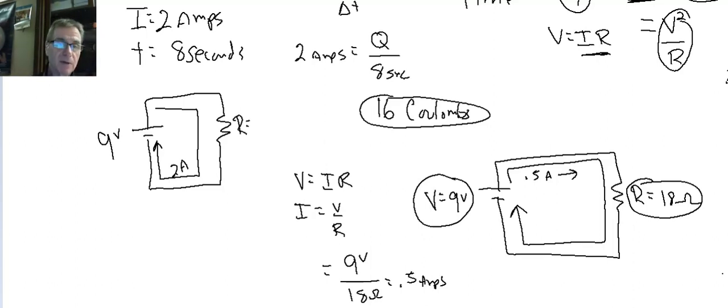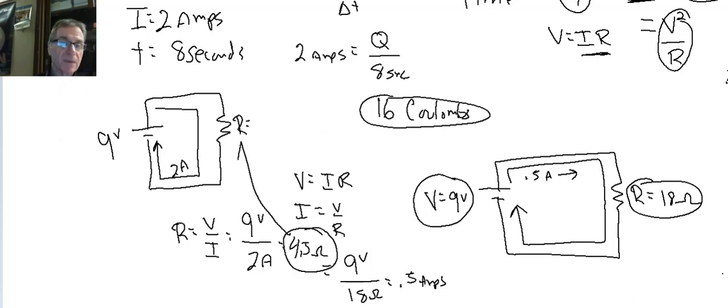Well, again, I'm going to use Ohm's law, but now I want to solve for R. R is going to equal V divided by I, which is going to equal the voltage, 9 volts, divided by 2 amps, which is going to be 4.5 ohms. So that would be the resistance of my circuit.